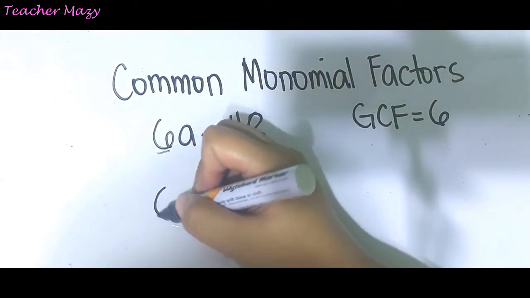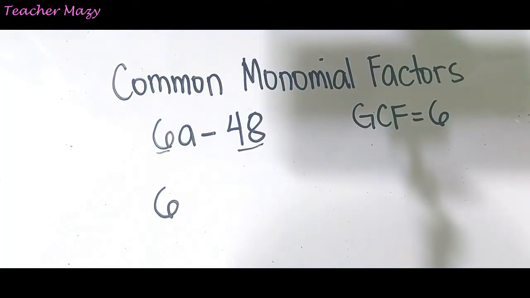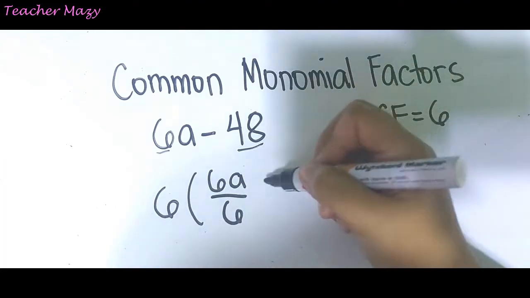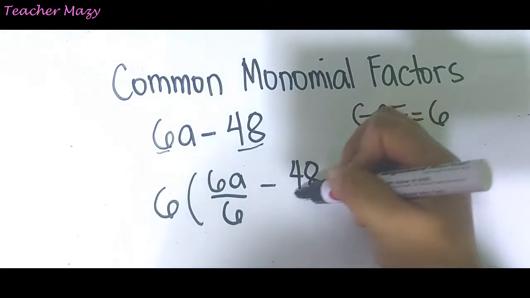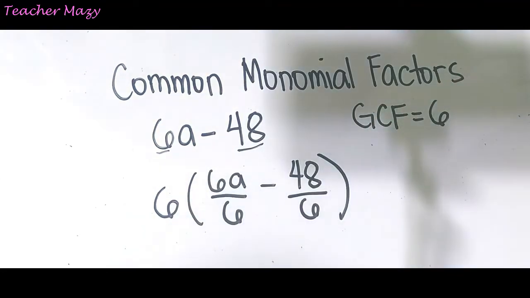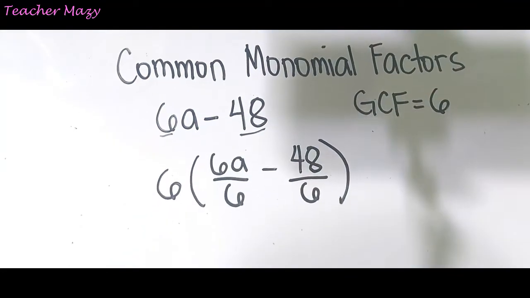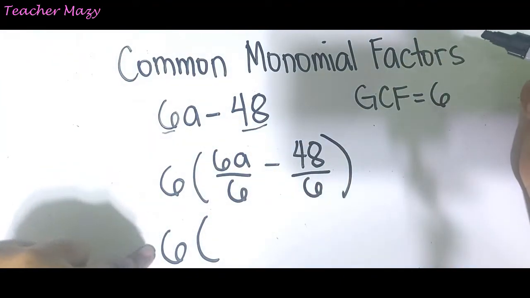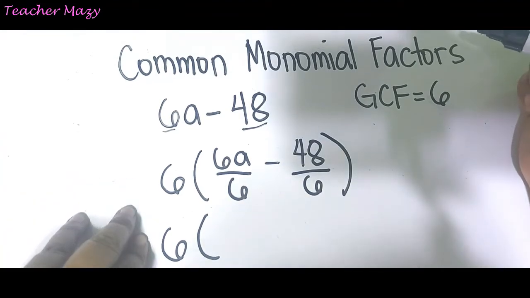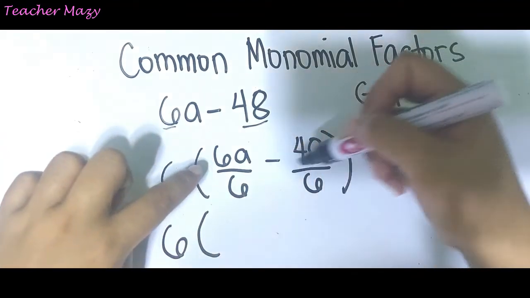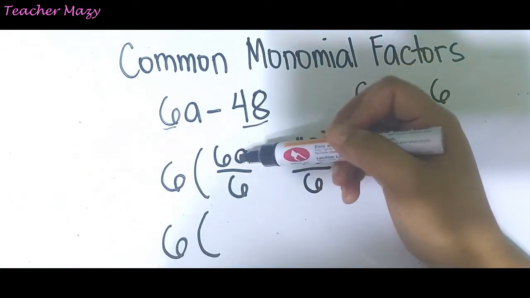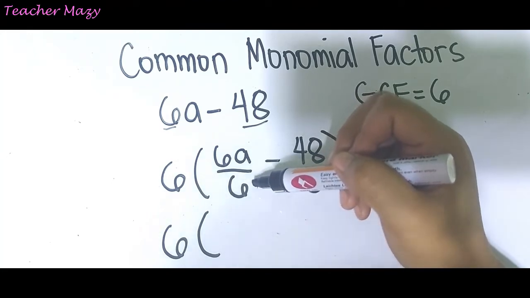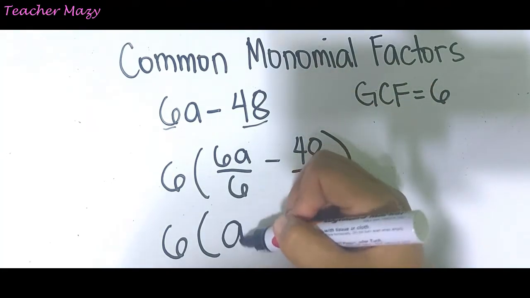Let's write our GCF here, and then divide each term using it. 6 divided by 6 is equal to 1, and since that is 1, we do not write it anymore.